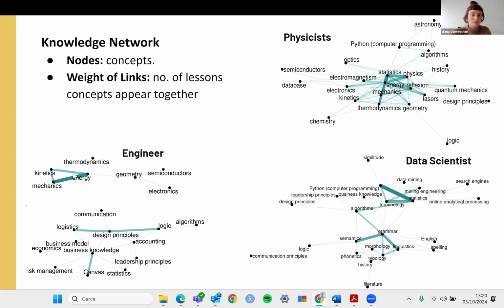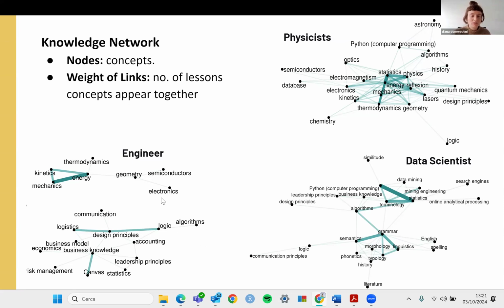The weight of the links represents the number of lessons or classes where the concepts appear together. We can see that this visualization is very meaningful. In the physicist knowledge network, we have a more compact network where all the nodes are connected together.